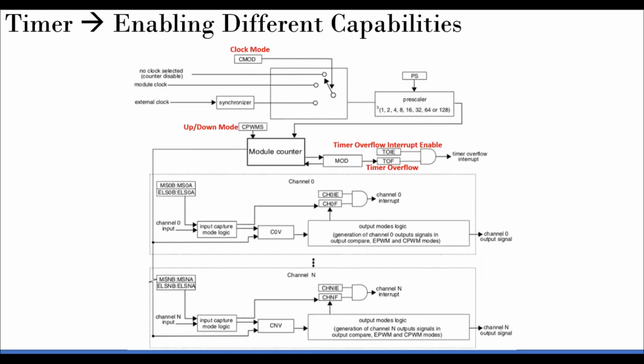It will be 0, 0, since there are only three inputs. The other option is you give a value so that the internal module clock will be selected. The other way is to select an external clock with some synchronizer circuit which is done for you. So three options are given by this clock mode register.